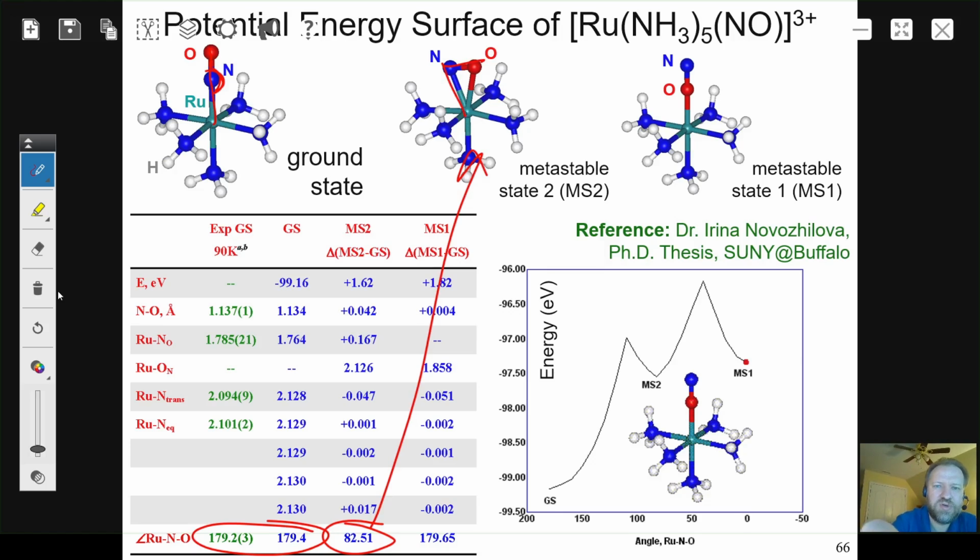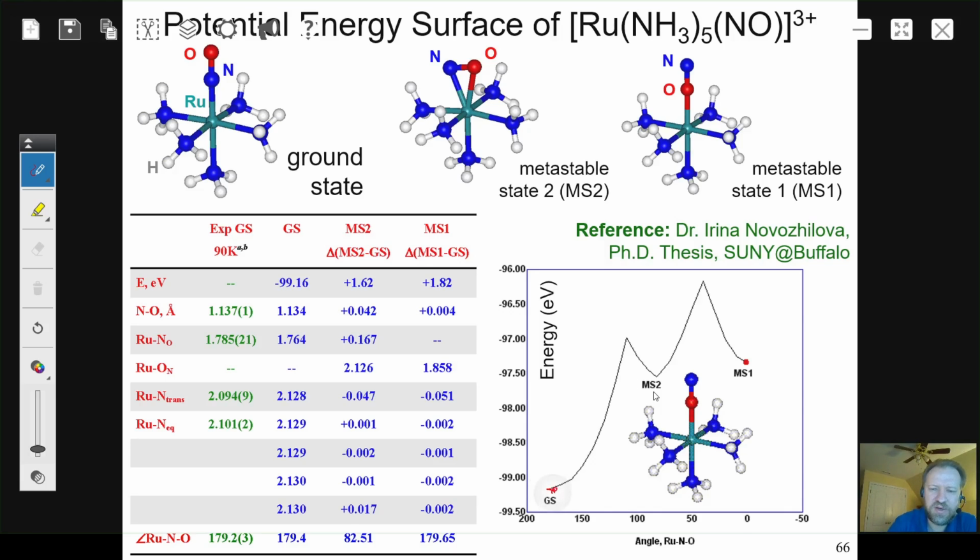So this angle right here is 82 degrees, not exactly, obviously, 90. And then it goes back to 180 degrees, but now it is through oxygen. And again, what is really interesting here is that they were able to determine the reaction profile for this reaction.